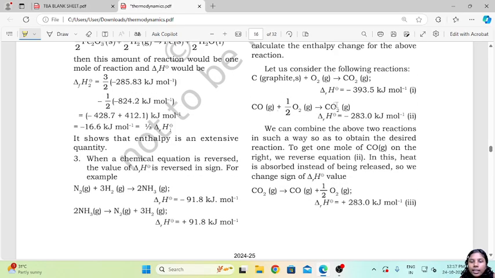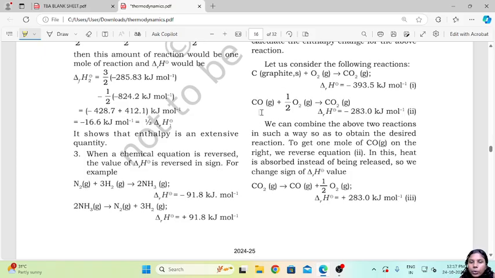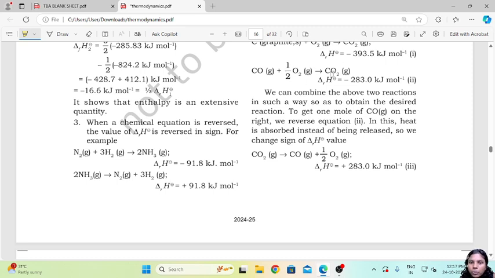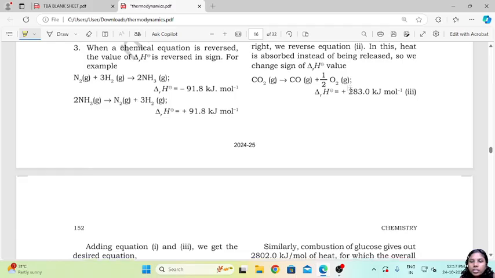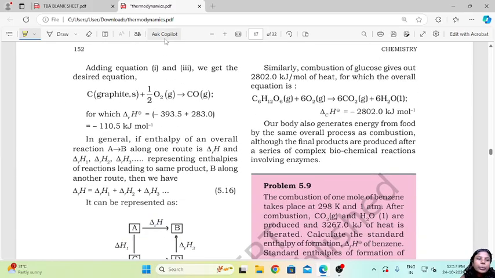CO2 going to CO plus half O2 absorbs heat, so the minus sign changes to positive. Now adding equation 1 and 3, we get the desired equation.